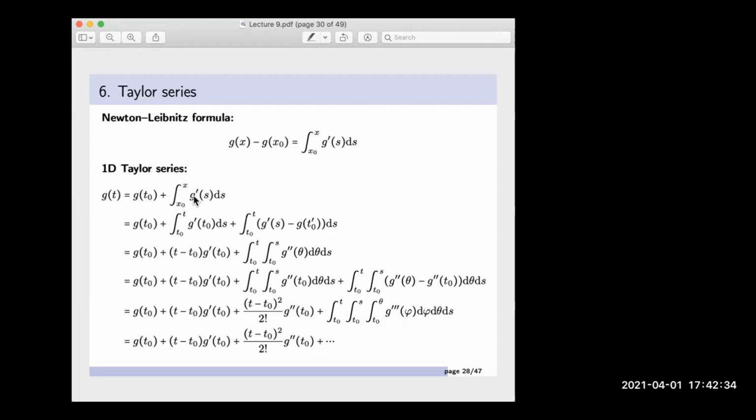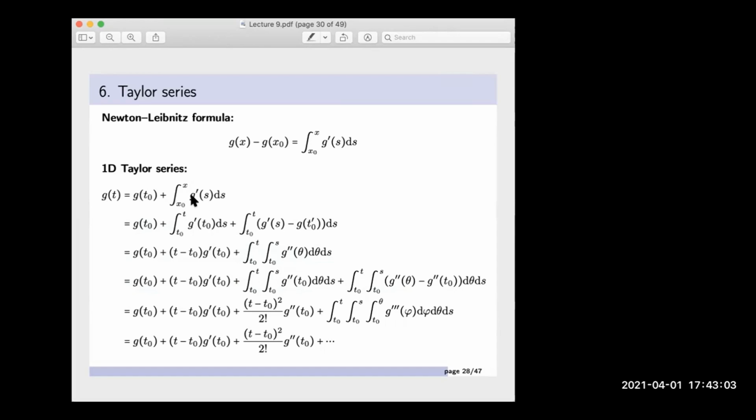Now let's split the second part into two terms. We write this derivative of g into two parts. It's equal to the derivative of g at t0 plus this difference. The sum of these two parts would be the derivative of g at s.